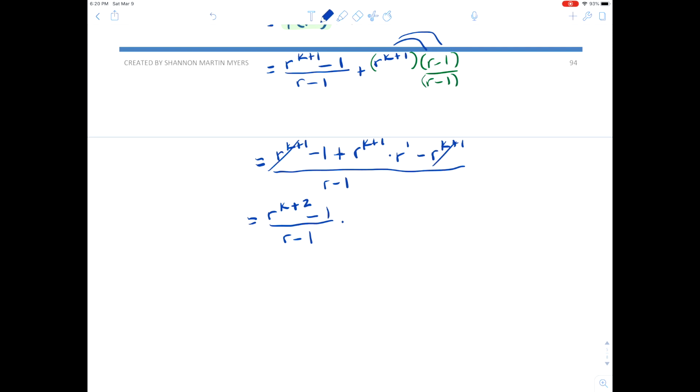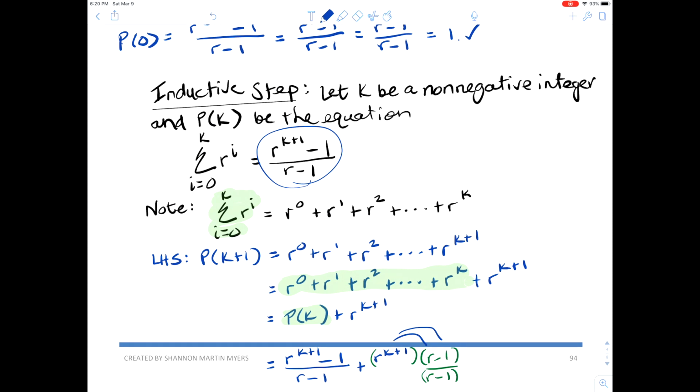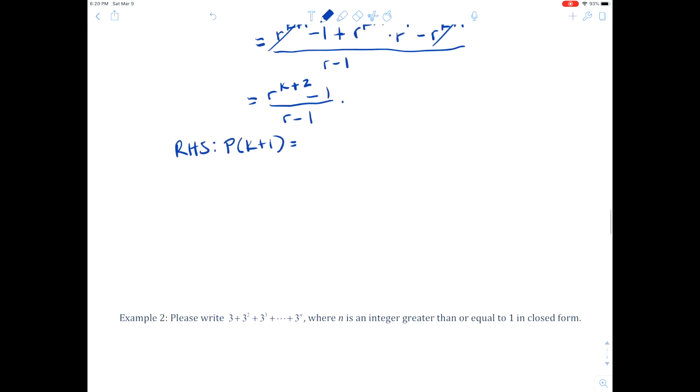All right, so now we need to look at the right-hand side. So P at k plus 1 equals, utilizing the formula that's circled here, r to the k plus 1 minus 1 over r minus 1. But wherever we see a k, we're going to put k plus 1. So this will be r raised to the k plus 1 plus 1, and then minus 1 over r minus 1.